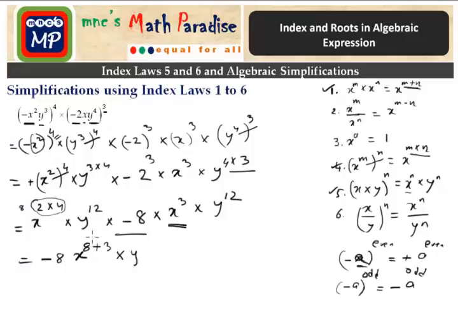Similarly, we have one y term here and one y term here, y to the power 12 times y to the power 12. Using the same formula, these two powers will be added together, 12 plus 12. So we get minus 8, x to the power 8 plus 3 is 11, y to the power 12 plus 12 is 24.